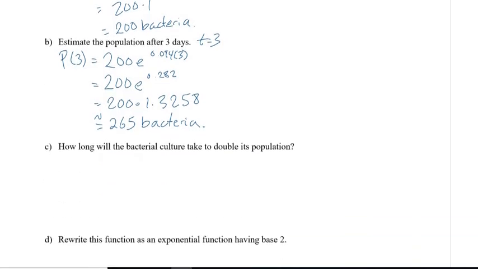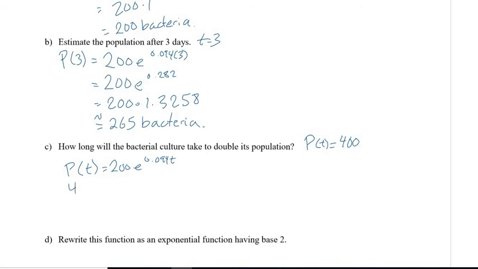Next question says, how long will the bacterial culture take to double its population? Well, we know the population is going to be P of t equals 200 times e to the 0.094 t. But in this case, we don't know what t is, but we know that P of t is going to be, if we start with 200, then double the population is going to be 400.